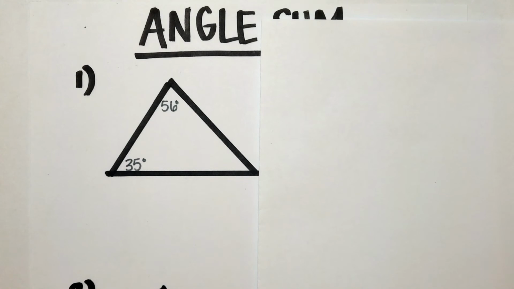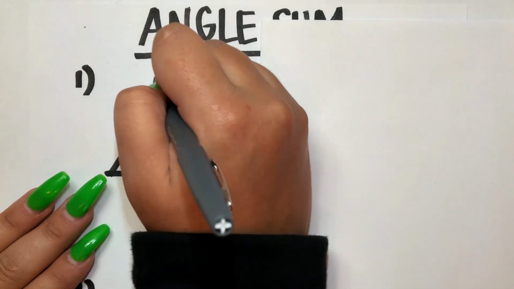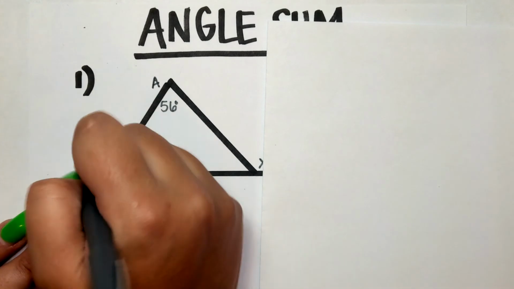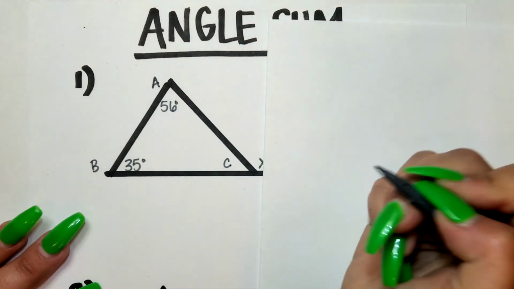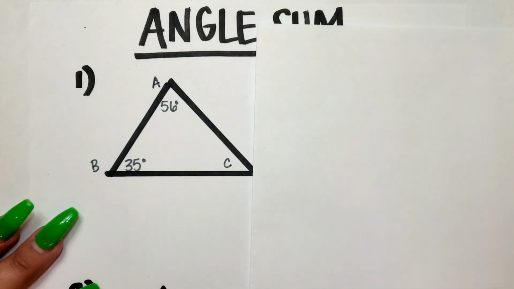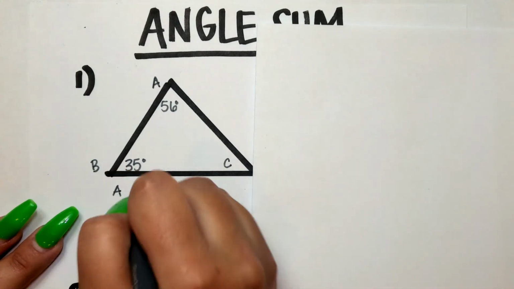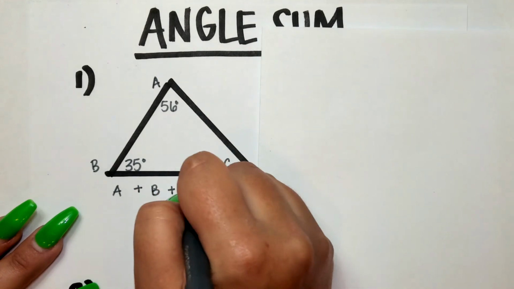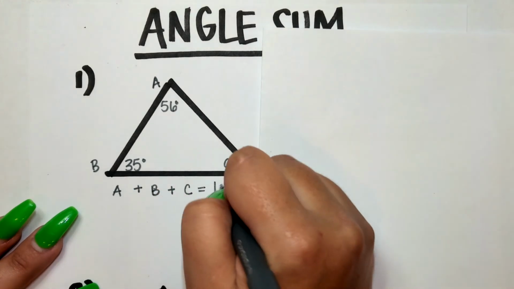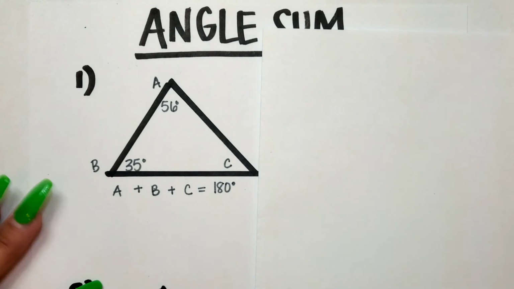Okay, so just like the first video, I'm going to label my angles to make sure that I'm adding up 3 angles. So I'm going to label this one as angle A, angle B, and angle C. Okay, so I have angle A plus angle B plus angle C equals 180 degrees.